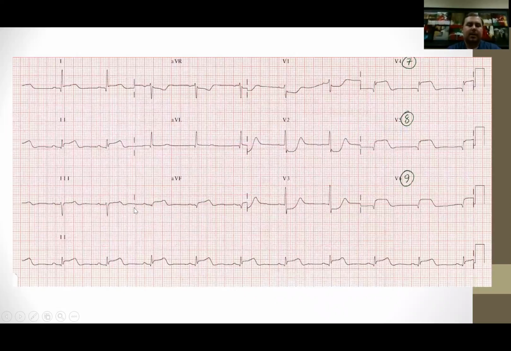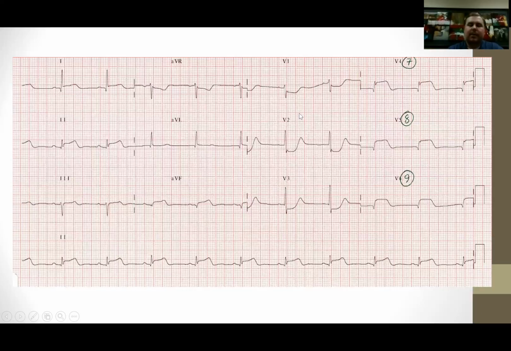This also has a subtle inferior STEMI on it as well. Elevation in 2 and AVF. Out here, we put on 7, 8, 9, and we have clear, huge ST elevation. There should be a caveat for this.